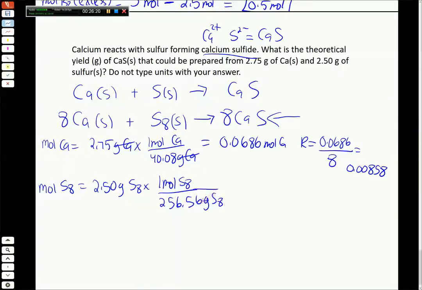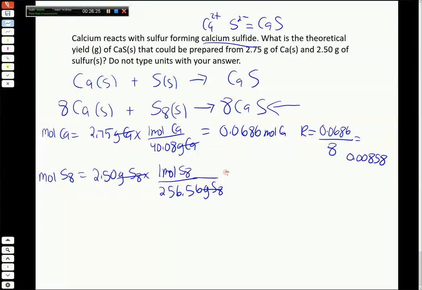So that converts grams of S8 into moles, which is 0.00974 moles. And I should reiterate again that this is one of those questions with variable numerical input, so the numbers you have are probably different, but it's the same series of steps.